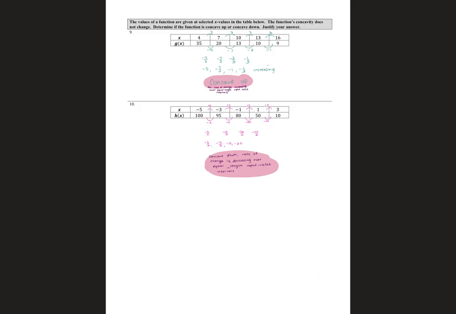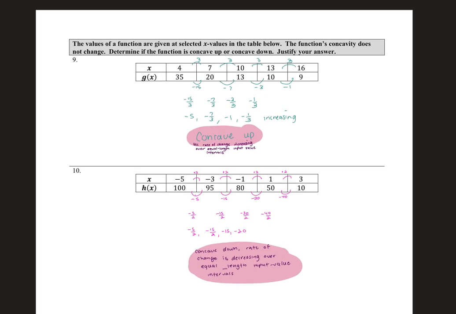You're welcome. All right, then 9 and 10, you had to find the pattern of your rate of change. Your rate of change was increasing for 9, which means it's concave up, and decreasing for 10, which means it's concave down. Did I say 9 concave down? Sorry, 10 concave down.